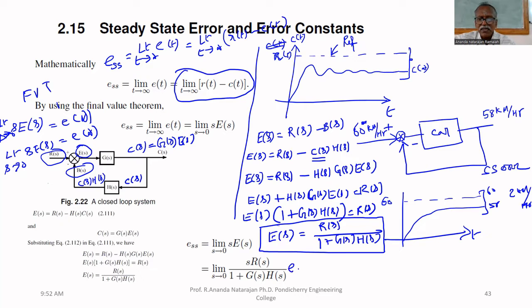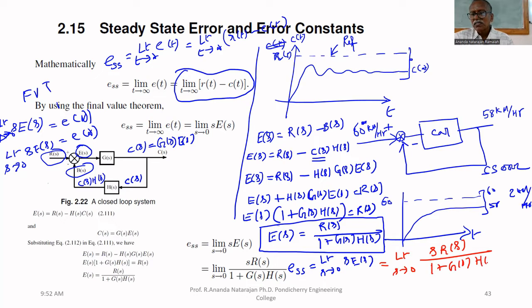What is steady state error? Steady state error is equal to limit s tends to 0, s E of s. That is equal to limit s tends to 0, s R of s upon 1 plus G of s, H of s.